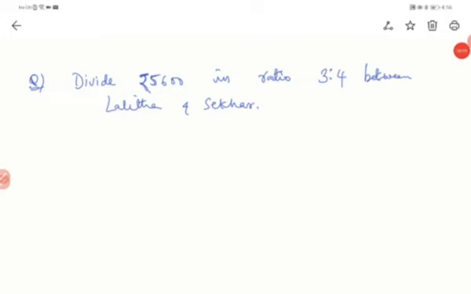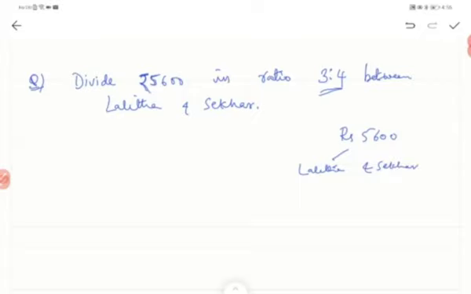Okay, now look at this question. The ratio is given and the money is to be divided. The question is we need to divide rupees 5,600 in the ratio 3 is to 4 between Lalita and Shekhar. So if I would say divide rupees 5,600 equally between Lalita and Shekhar, that means 1 is to 1.